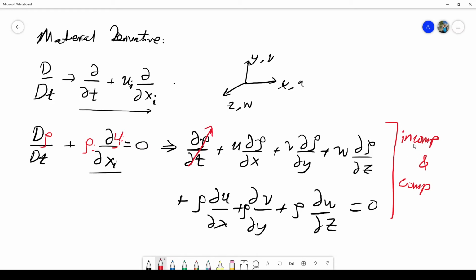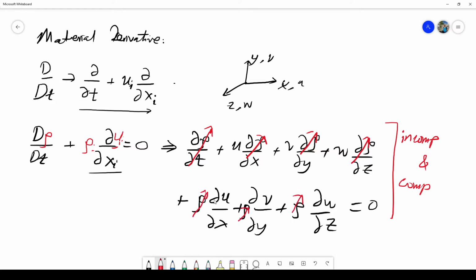But if we consider incompressible and steady flow, then for the steady flow, the term dρ over dt can be ignored. Then for the incompressible flow, the density change is very minimal, so we can skip this. And the term ρ is a constant, so we can skip the ρ.